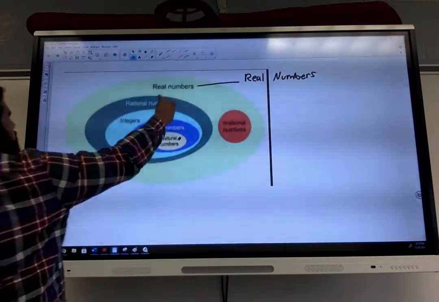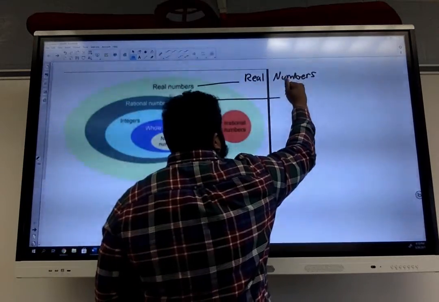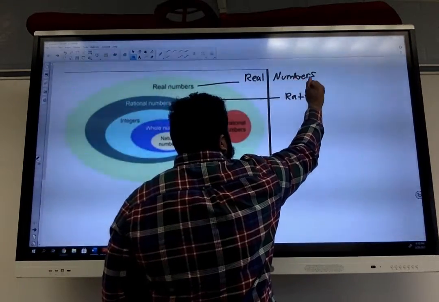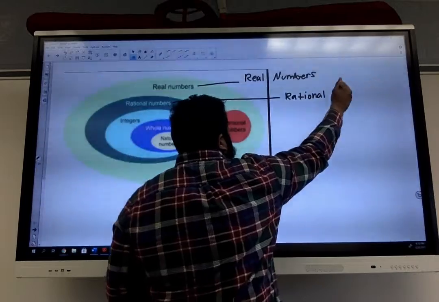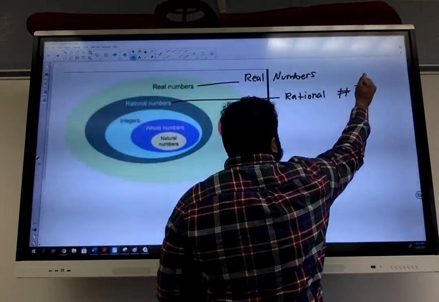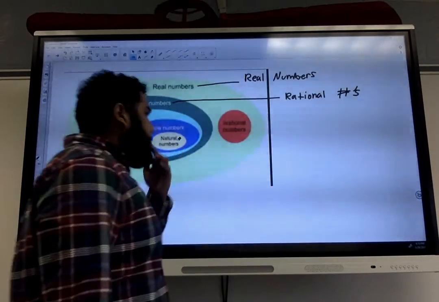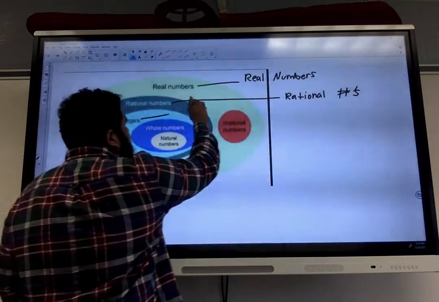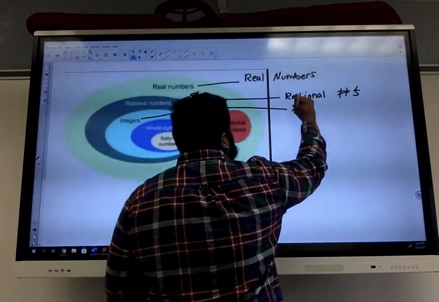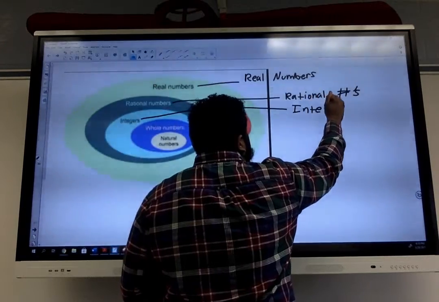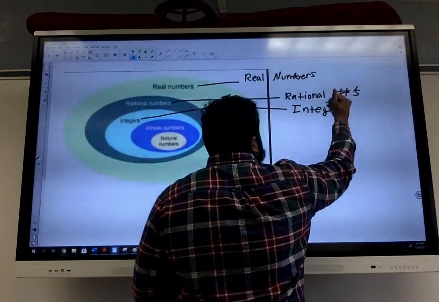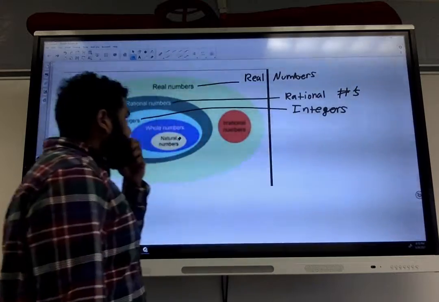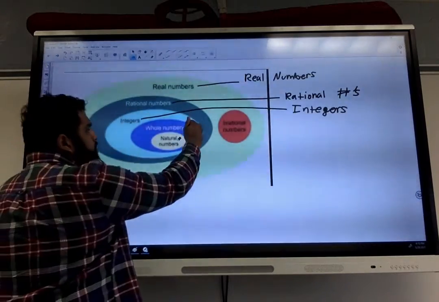Well, we have over here rational numbers, and I'm just going to put the number symbol. What is included in rational numbers is integers, okay? And then we have whole numbers over here.